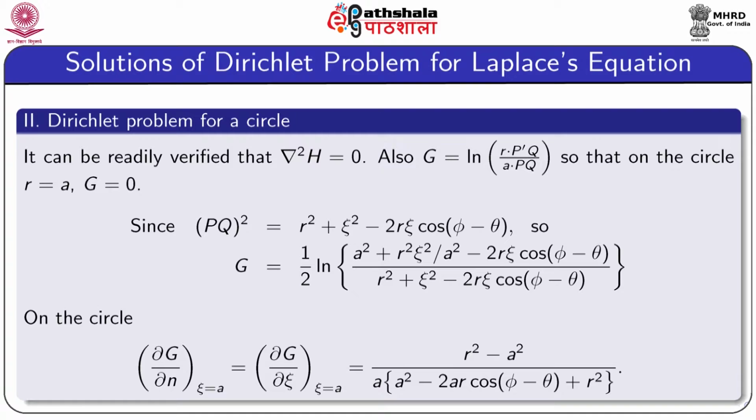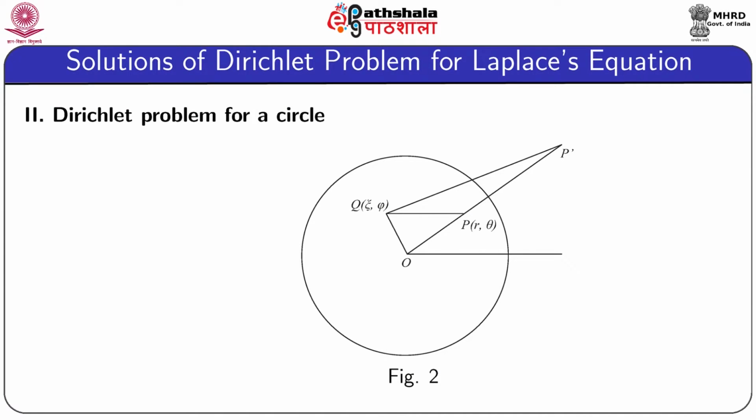Again, we want to obtain the expression for PQ. For that we use the geometry. So, the value of PQ square is equal to OQ square plus OP square minus 2 into OQ into OP into cos of phi minus theta.